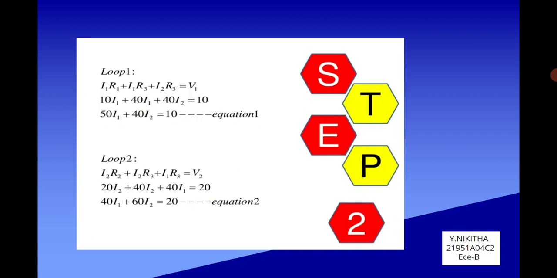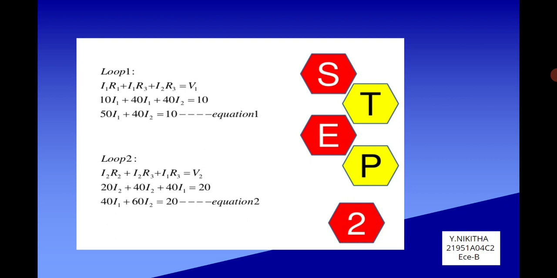Step 2. Loop 1: I1R1 plus I1R3 plus I2R3 is equal to V1. That is, 10I1 plus 40I1 plus 40I2 is equal to 10, so 50I1 plus 40I2 is equal to 10.